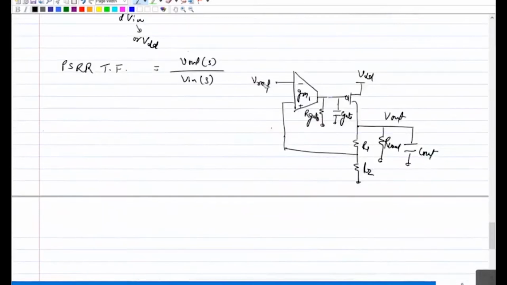All you need to do for a small signal analysis is make this VREF ground. So where will be the input for a small signal here? Where is your input for PSRR? VDD is your input. Now you have to find the transfer function.